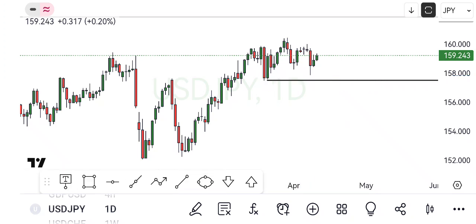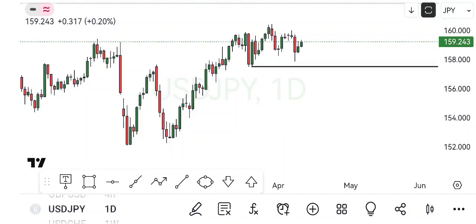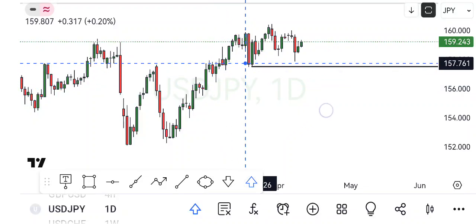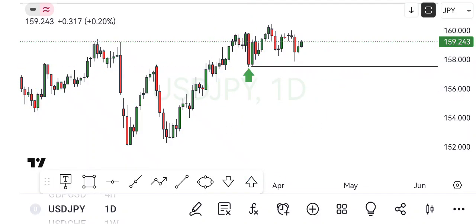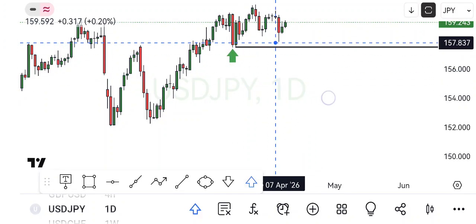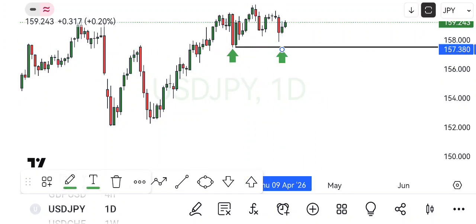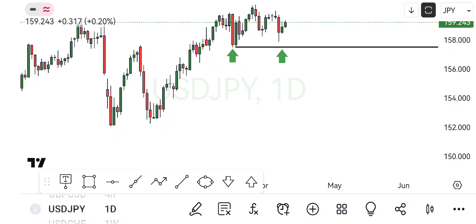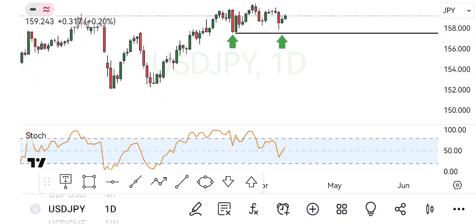If I was trading based on the daily, this was the area where I was supposed to look for a buying opportunity, because it acted as support. Now I would assume that when it comes back again right here, it would bounce up again as support, and then I would look for a confluence.